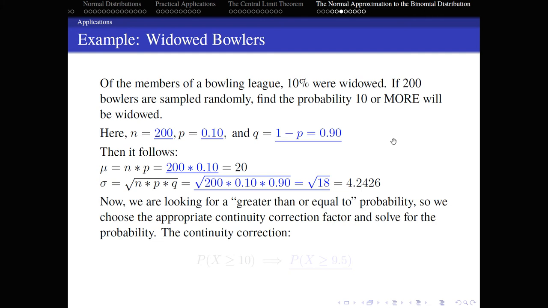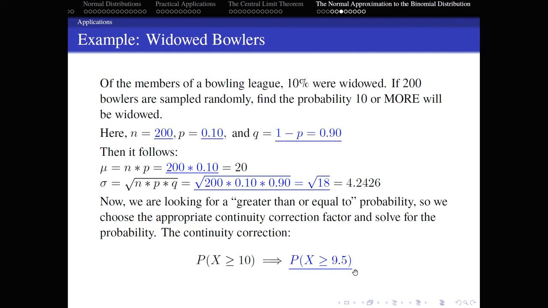Now we're looking for the greater than or equal to probability. So remember that when we're looking for greater than or equal to 10, we have to drop this down by 0.5 to make sure that we grab that 10 bar in our binomial distribution. So again, go look at that table for the continuity correction. Make sure you're following this, but we need to drop it down by 0.5 to account for the continuity correction.